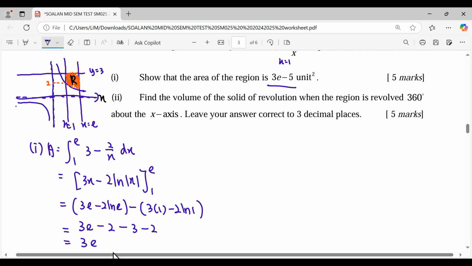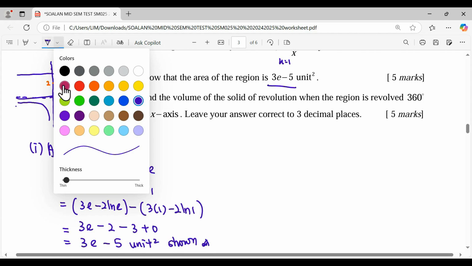So 3e, negative, negative, positive here, minus 3, then plus 2. Oh, sorry, this one minus. This one, ln 1 is 0. So here we have minus 5 unit square, where we managed to show it.